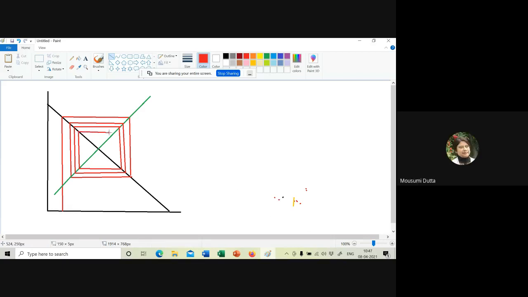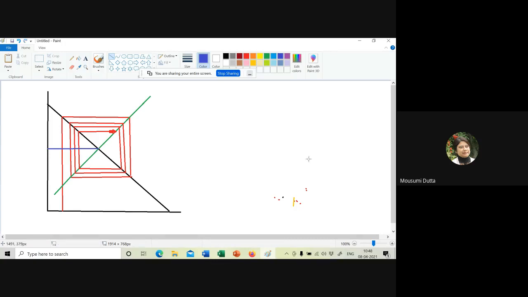Okay. And finally, it will go on and on. So I'll stop here and consider an arrow and put the arrow here, which means it will again move and move and move. I'm also marking the equilibrium price.